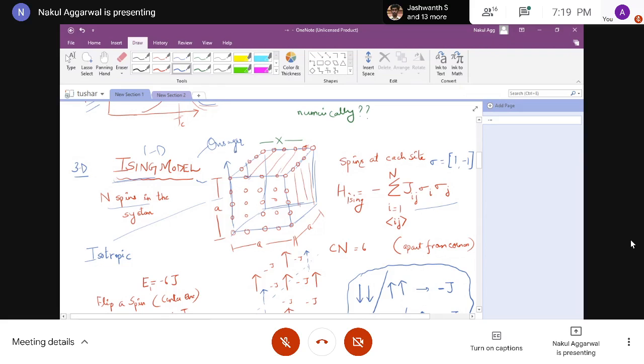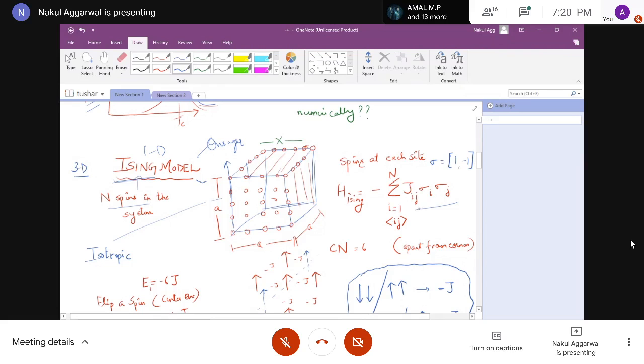It's not like, since Onsager solved the 2D Ising model, the name is now the Onsager model. For all these models the name has stuck with Ising, and different physicists have given different solutions for different parameterizations of this model, but the name is Ising model for all of them.